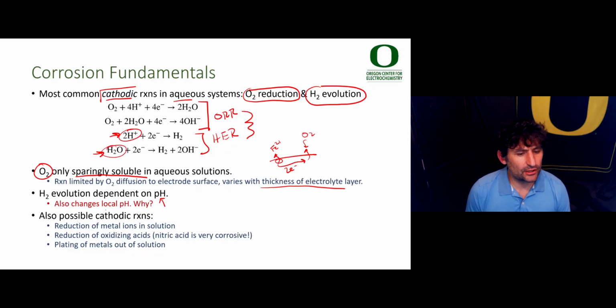You should also recall that driving the hydrogen evolution reaction, because it consumes protons or generates hydroxides, changes the local pH. So this is important in the crevice example we just showed.